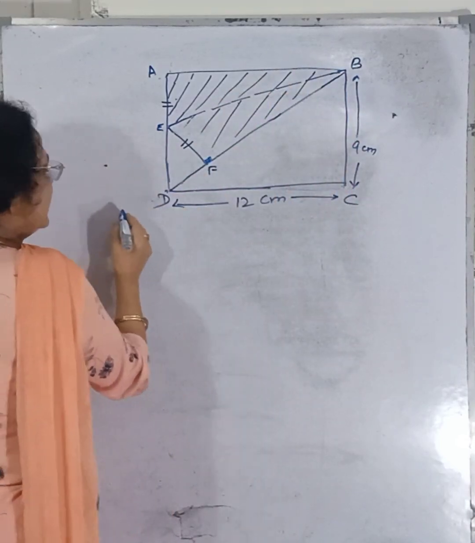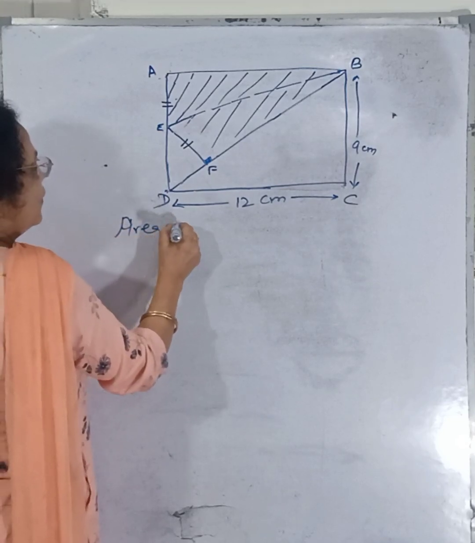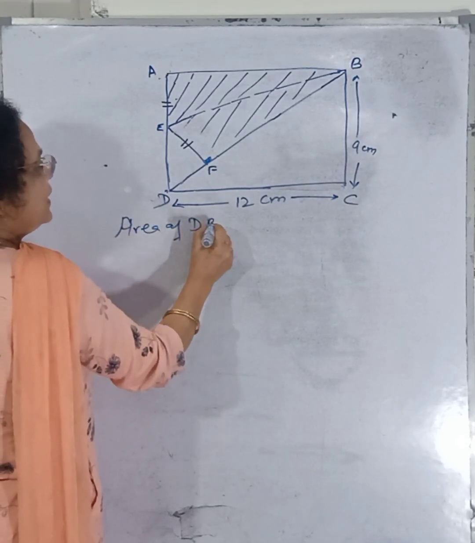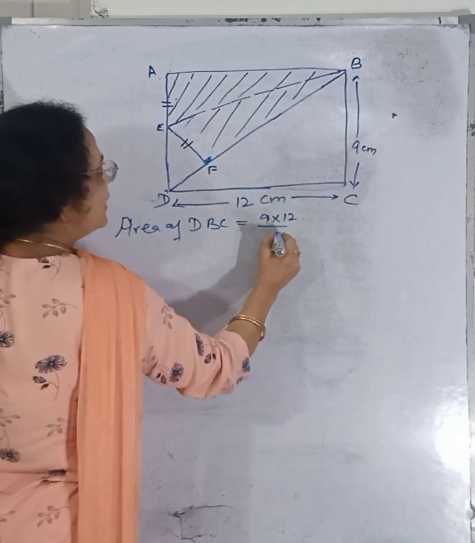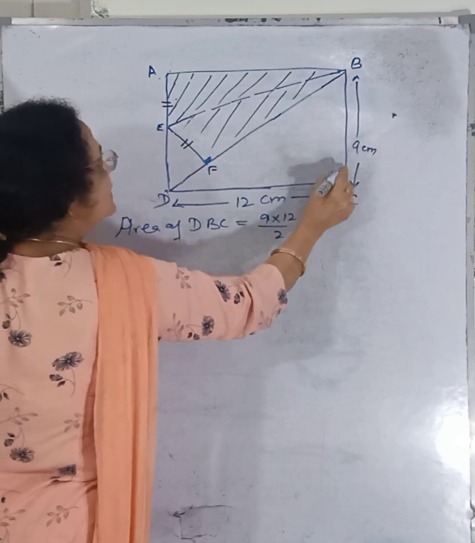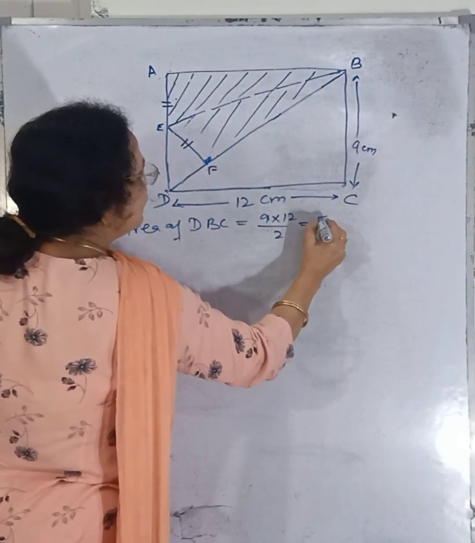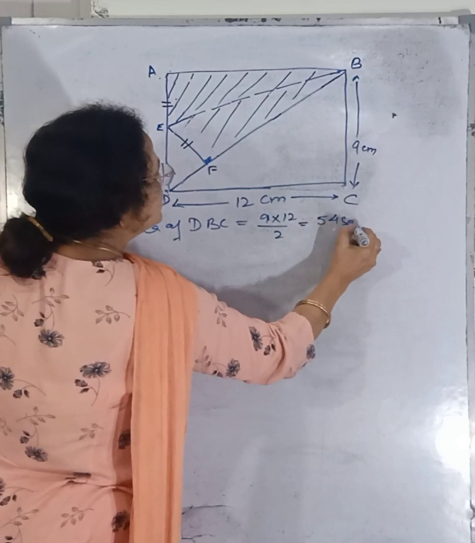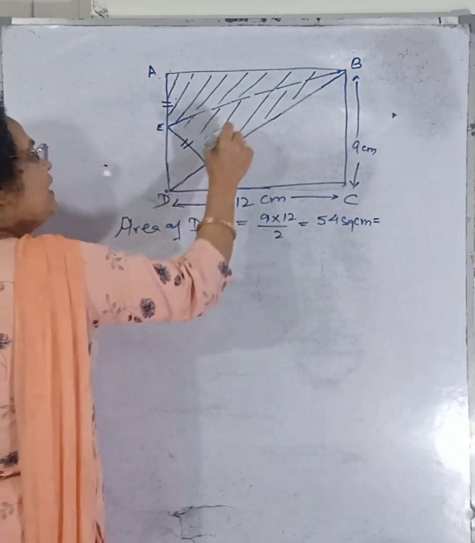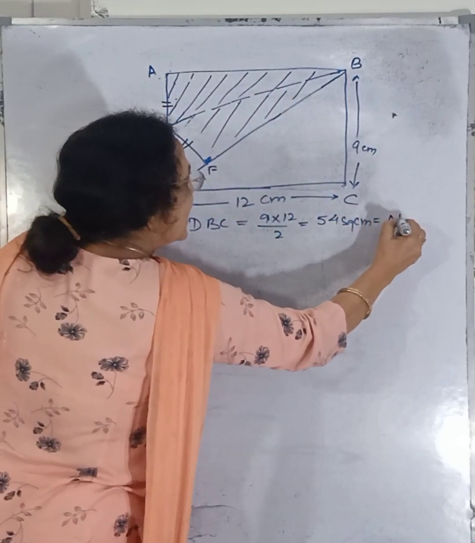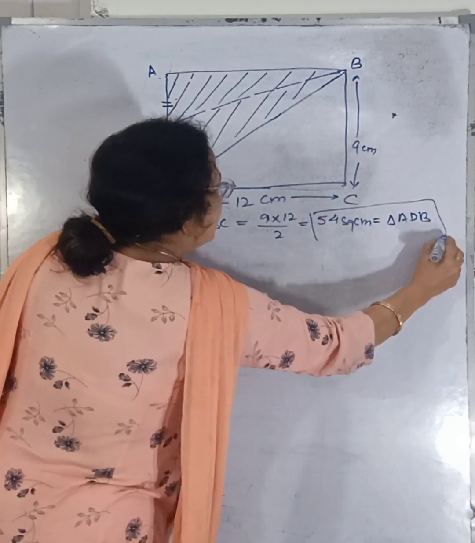Hence the area of DBC is equal to 9 into 12 by 2, because this is 12, this is 9, height into base by 2, which is 54 square centimeter. This will also be the area of triangle ADB.